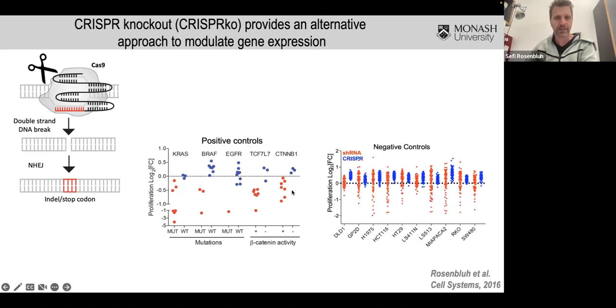This is a plot that we typically see. On the y-axis is proliferation. So minus means cells are dying, plus means cells are surviving. And if you're looking at these positive controls, this is what we expect to see, that the mutant cells are dying once you introduce the mutations, while the other cells are not.